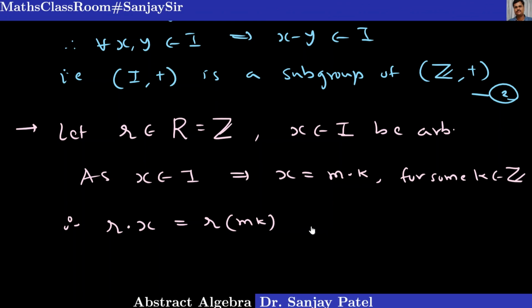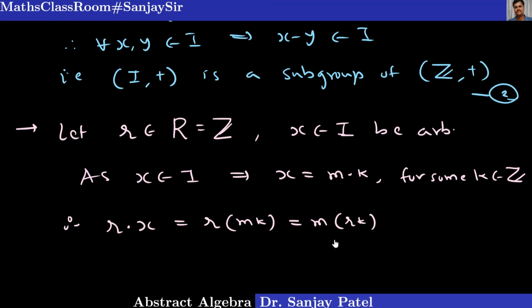Since x is nothing but m into k, and r, m and k are all integers, and multiplication of integers is commutative as well as associative, I can rearrange this and write it in the form m into (r into k).